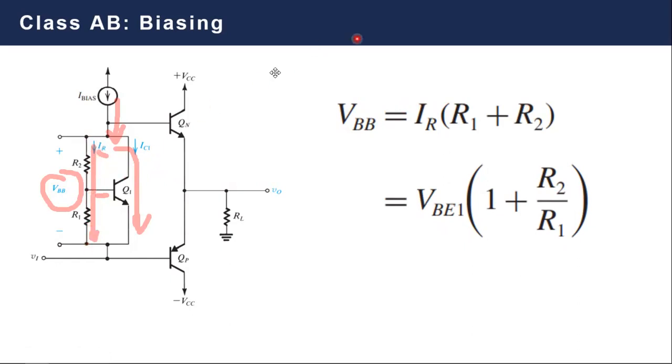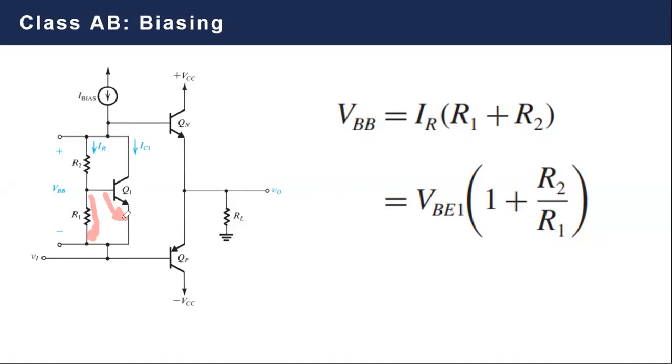Now, let's check another point related to the same circuit. Let's examine the voltage drop here, which is typically a VBE voltage. And as you can see, this VBE is equal to the voltage drop on R2. Sorry, on R1, I'm sorry.